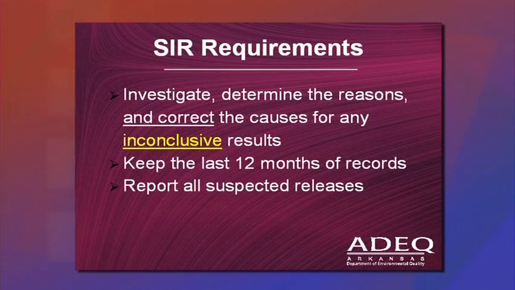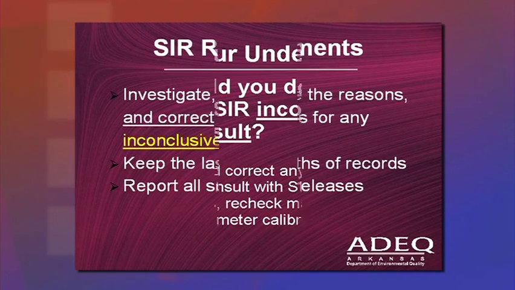Two consecutive months of inconclusive is a suspected release. You have to investigate, determine the reasons, and correct any of the causes for an inconclusive result. Tell you one more time, with monthly release detection methods, you've got to keep the last 12 months of these records. All of these release detections, one a month, last 12 months of records.